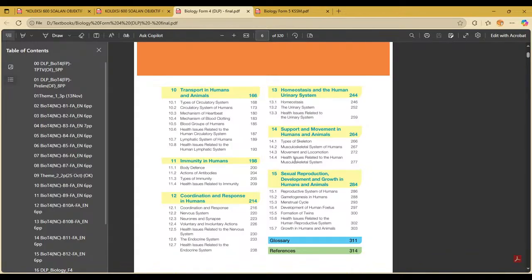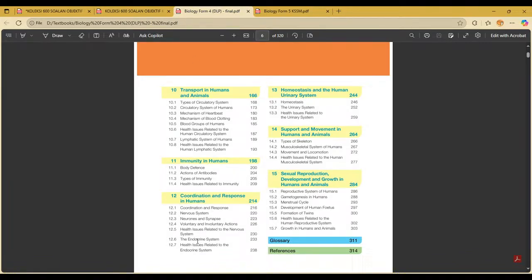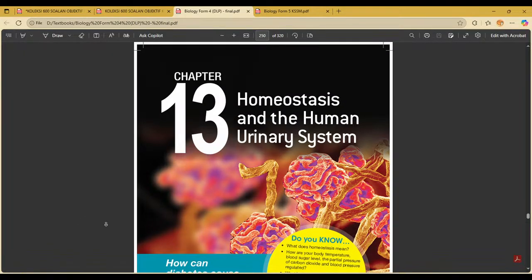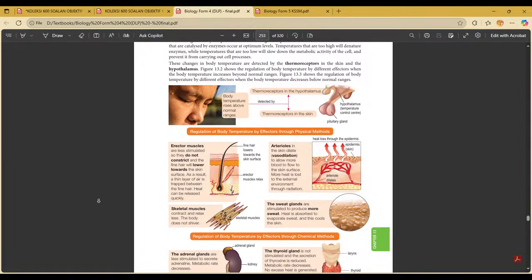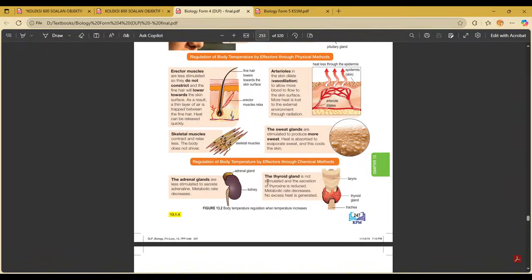Hormone. What's hormones? Here it is, thyroxine.